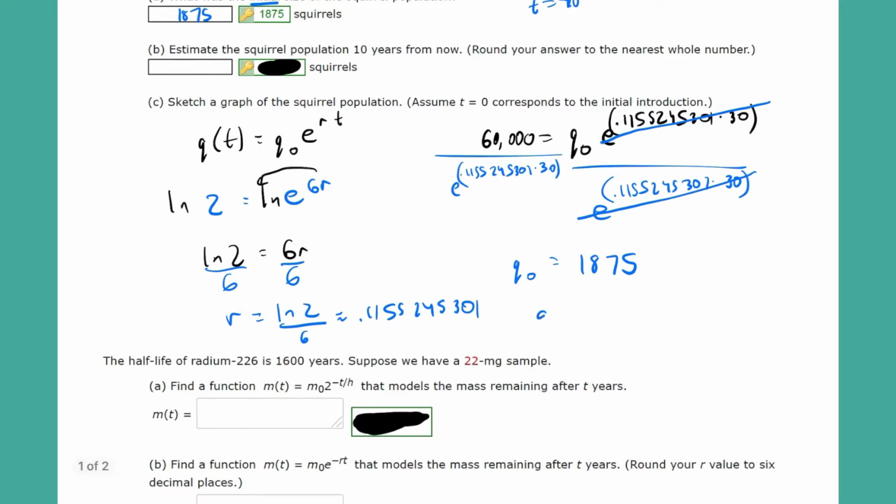So Q of 40 is equal to the initial amount times e to the 0.1155245301 times 40. If you type that into your calculators, you should get 190,488 if I round to the nearest whole number, and that is exactly right.